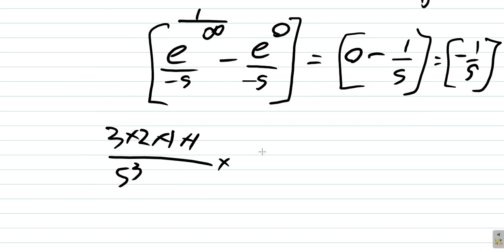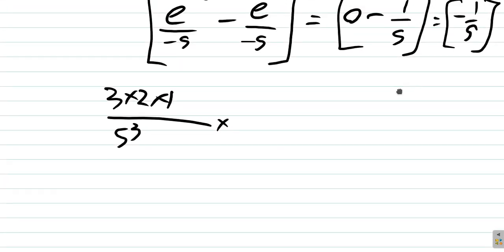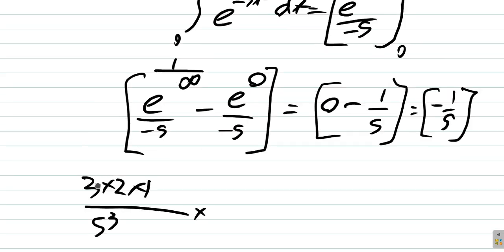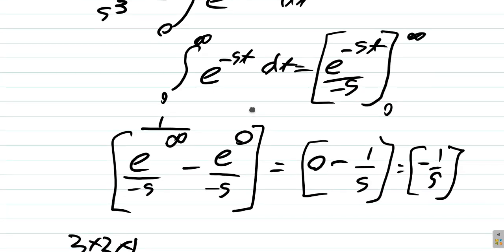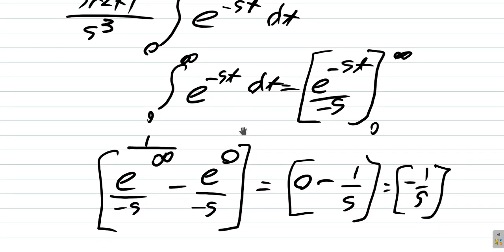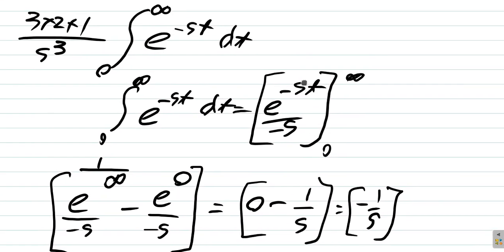Alright, let's not put this one yet. 3 by 2 by 1 over s cubed. So this is what we have, 3 by 2 by 1 over s cubed. It must multiply this 1 over s cubed, right? It must multiply this.